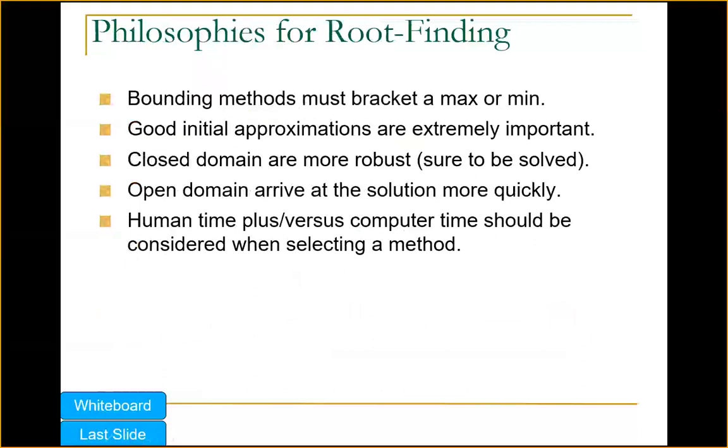You have bounded methods and you have open methods, just like you had in the previous chapters for root finding. So for minimum or maximum finding, you can bound it or you can have open methods. Closed methods are always sure if you know that the answer exists and it's only one answer.